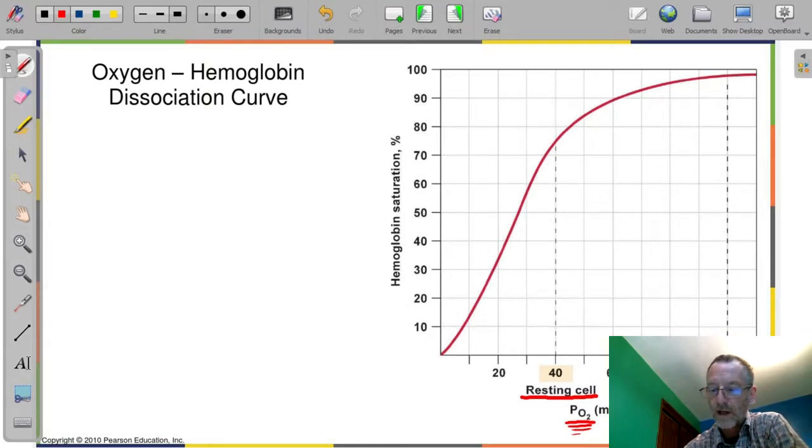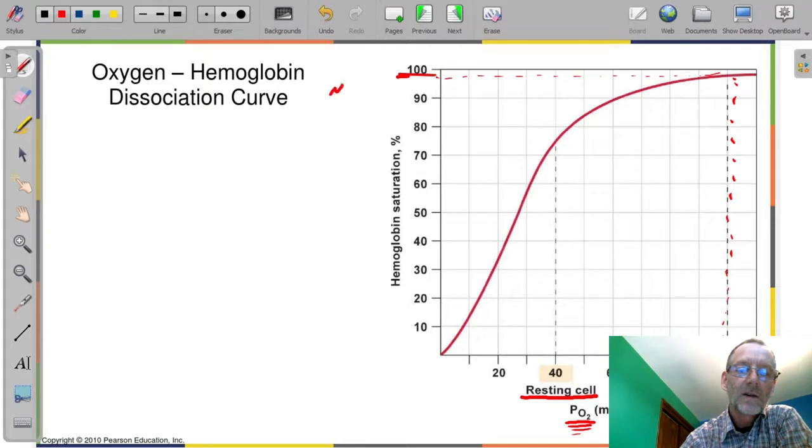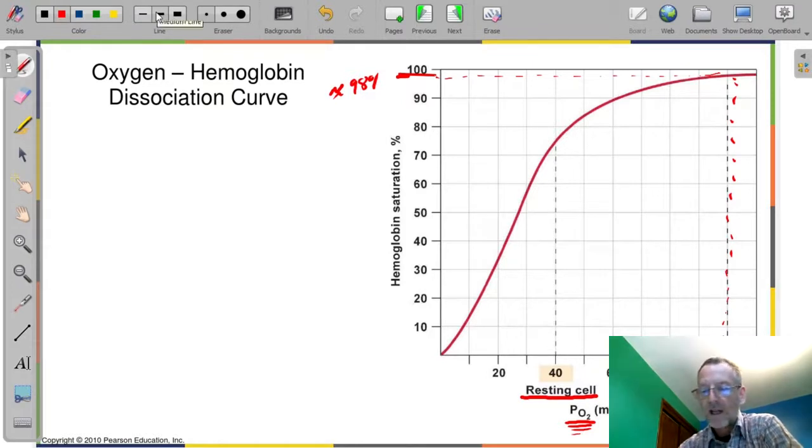For example, at 100 millimeters of mercury of oxygen, the hemoglobin is not quite 100%. It's pretty close. It's about 98% saturated. Approximately 98%. Okay. And the interesting thing to note on this curve is that it's relatively flat at this point.